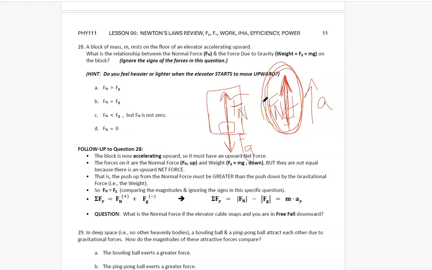Because the net force in the vertical direction is equal to the normal force pointing up plus the weight force pointing down. Well, this can't be 0 anymore. It's now a positive number, because the acceleration is a positive number, meaning it's pointing upward. So we know that the normal force must be bigger than the gravitational force in this case.